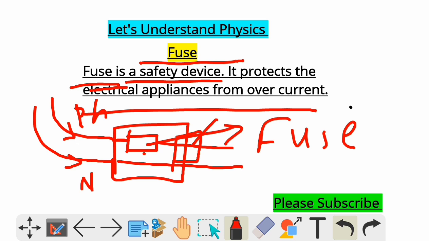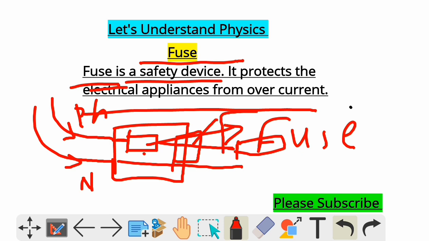So the fuse will be connected in series like this for the phase wire, and from the fuse the phase wire will come and the electric appliances of a house will be connected. For example, here one appliance will have these connections in parallel, isn't it?